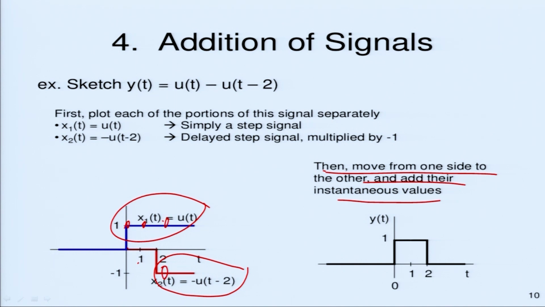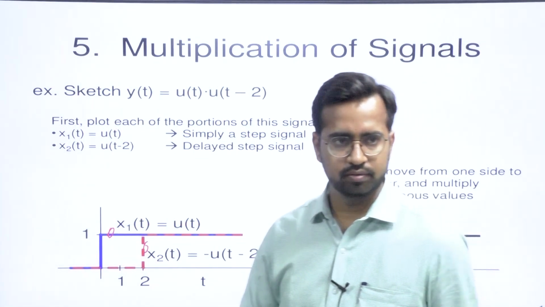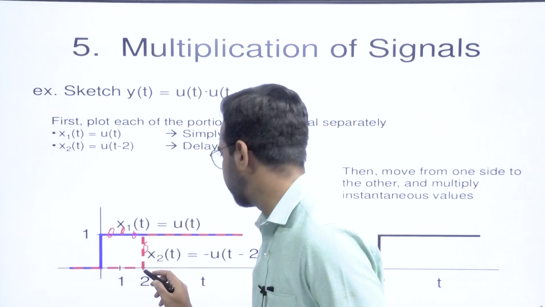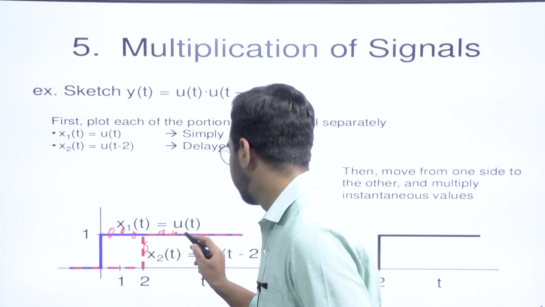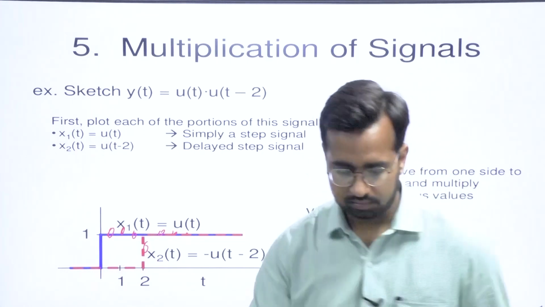So add all the instantaneous values and you will get the final value. Similarly for multiplication, get the instantaneous values of both signals and multiply, then you will get the final result.